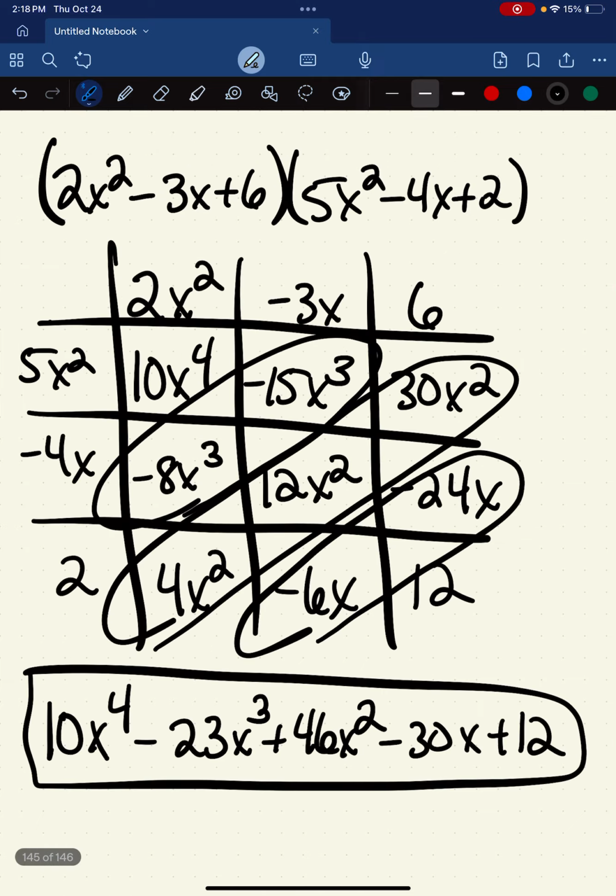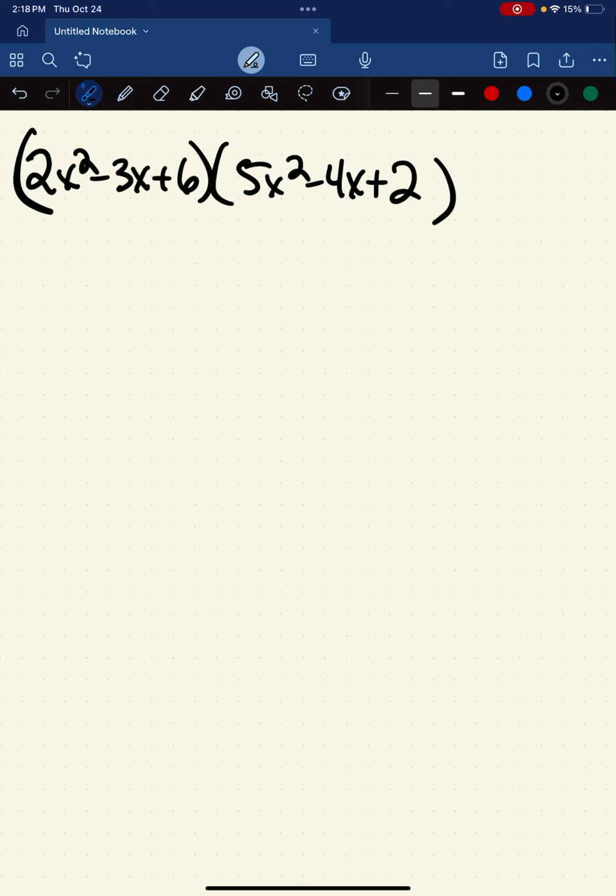Let's do the exact same problem again, but with FOIL. Not FOIL exactly, but the FOIL-like method. Plus 2. I did 2 before, right? Yep. So we're going to start with this.